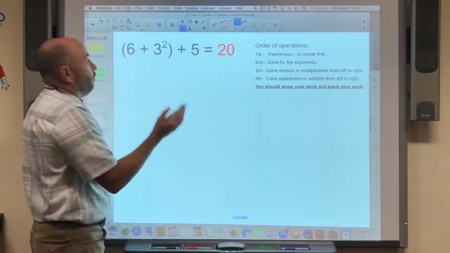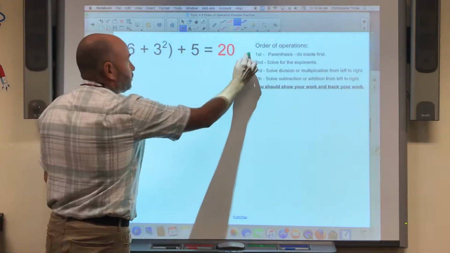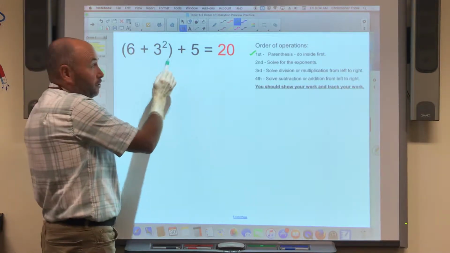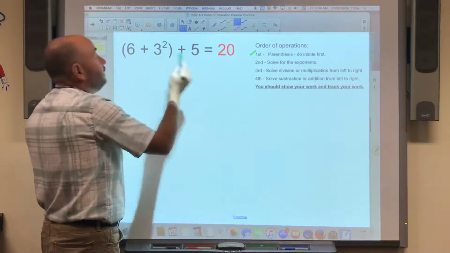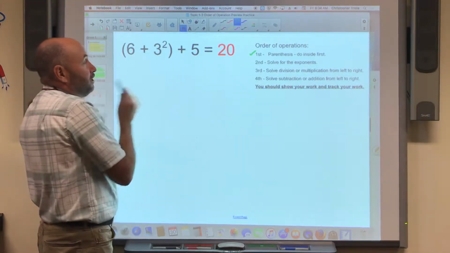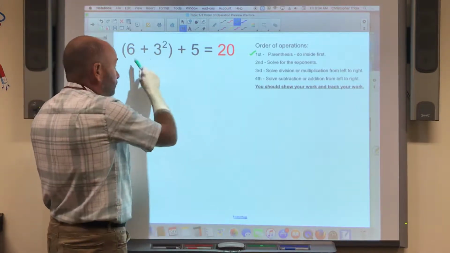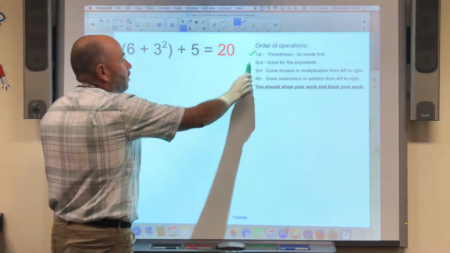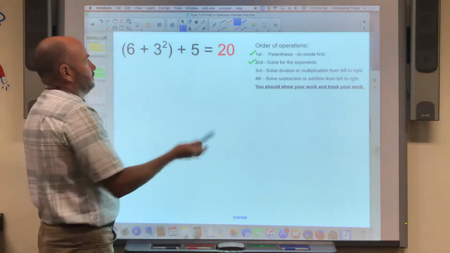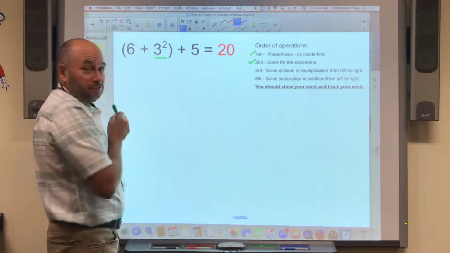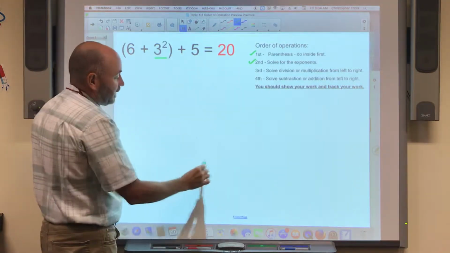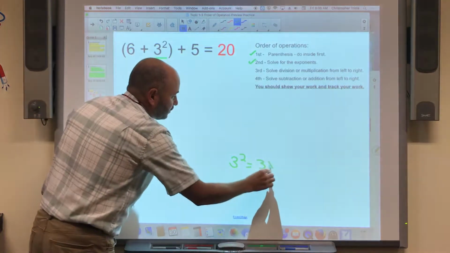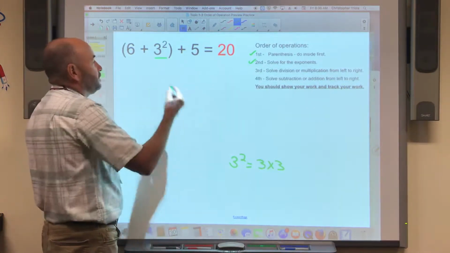Okay, so what we want to do is what's in parentheses first. Well, we have a couple things going on inside here, so we're going to apply these steps inside the parentheses. So we look for, there's nothing else in there as far as parentheses or brackets, so we can go on to solve for our exponents. Our exponent that we have to solve for is 3 to the second. Remember, 3 to the second is actually 3 times 3, which is 9.